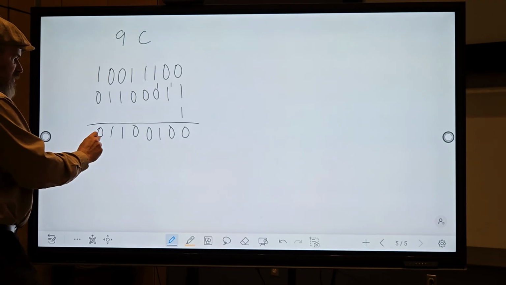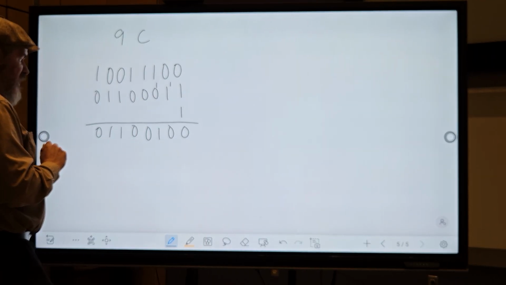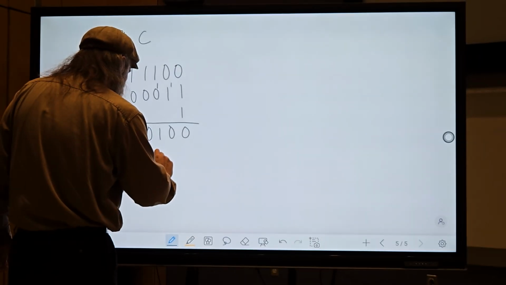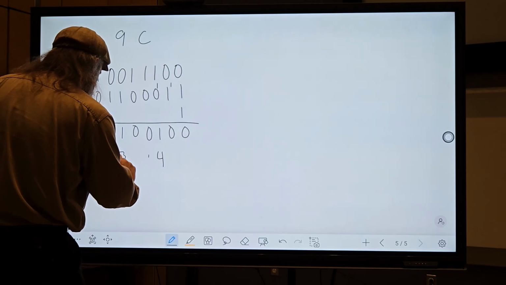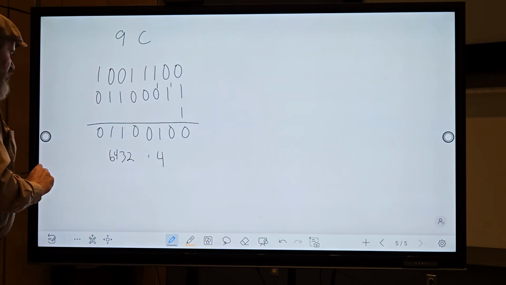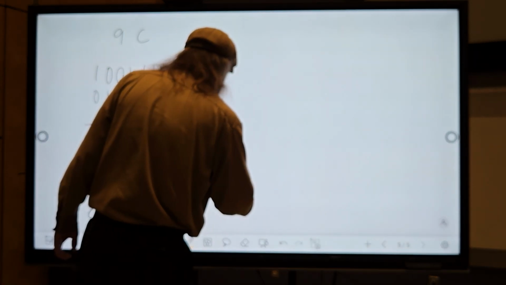So you convert this from binary to decimal, which is a 4, no 8s, no 16s, a 32, and a 64, which is 96, 100. So it's minus 100.